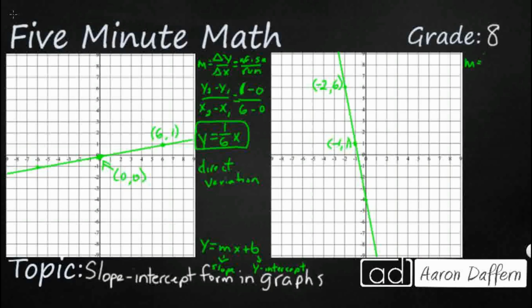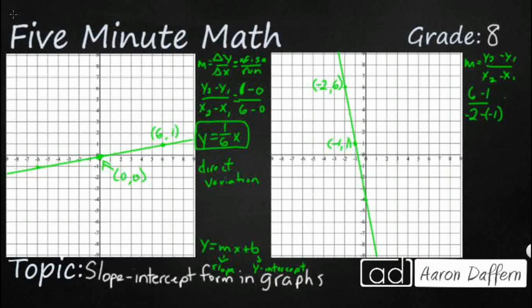So remember, our m is the change in y over the change in x. Once we get that, the rest becomes pretty simple. So let's use these 2 coordinates here. I'm going to use my y coordinates first. 6 minus 1 over, I've got -2 for my x minus -1.